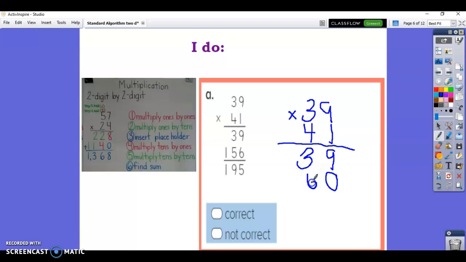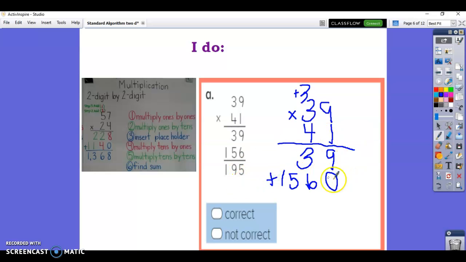So I have a 6 here and a 3 up top to add, plus 3. Then I have 4 times 3, which is 12, plus 3. 12 plus 3 is 15. Last step, find the sum.